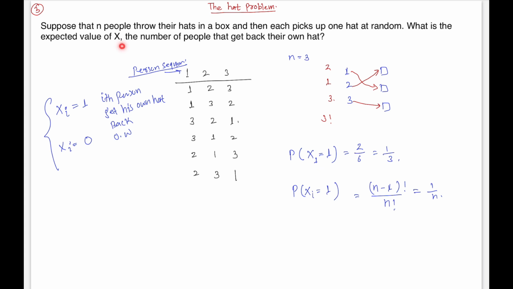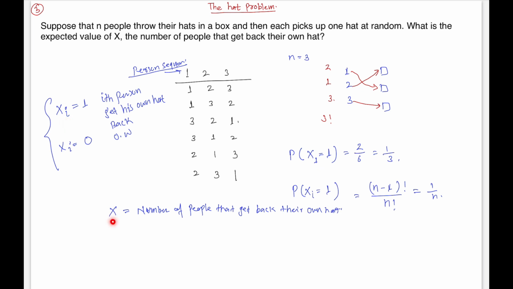So x is the number of people that get back their own hat, right? So you see we can write this random variable as a sum of these random variables, right?